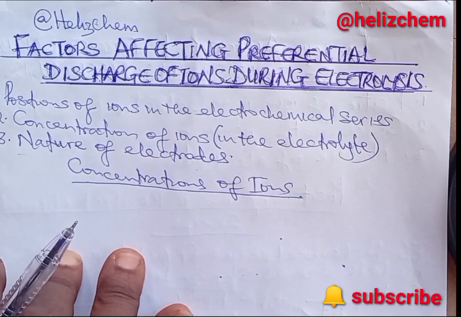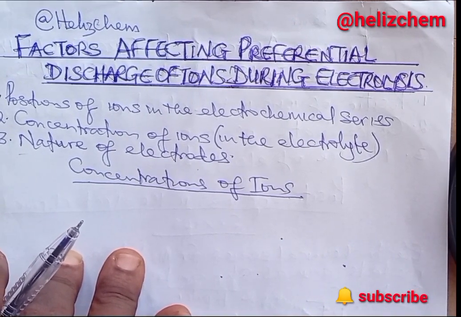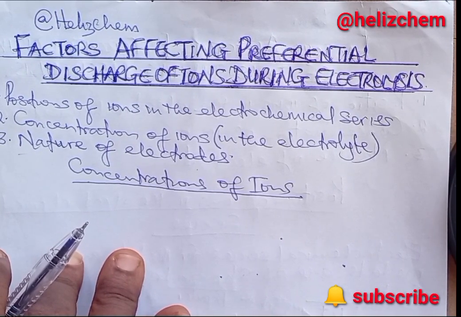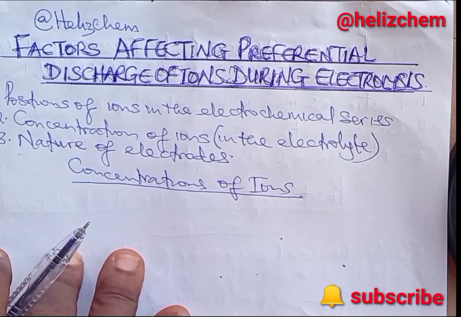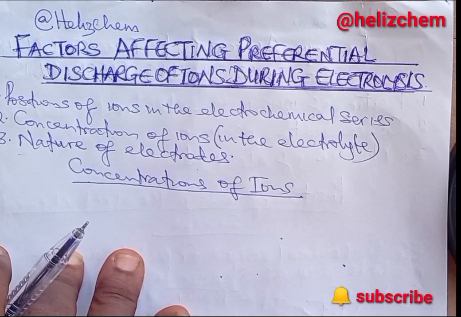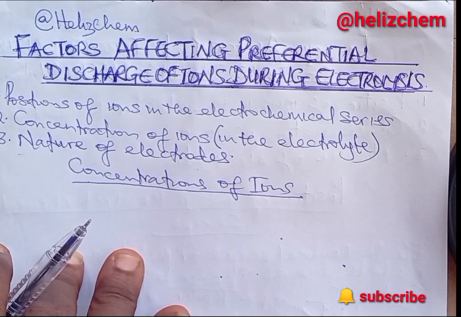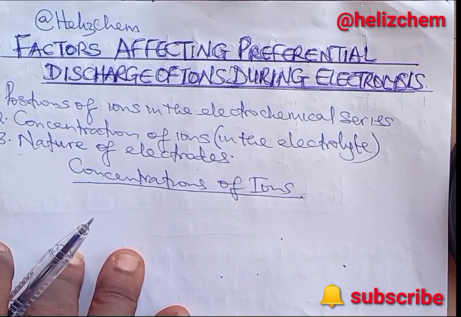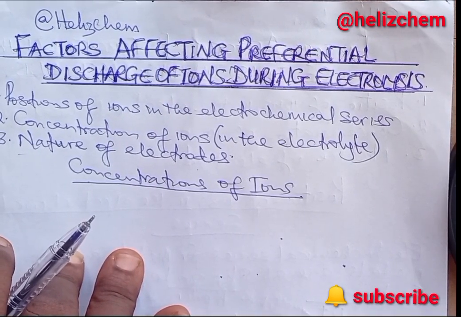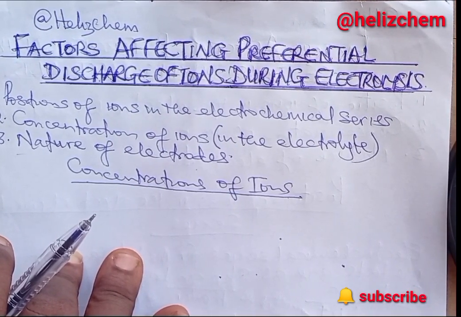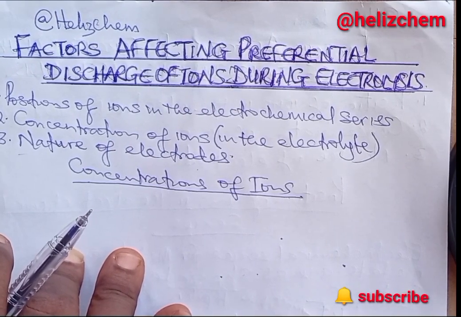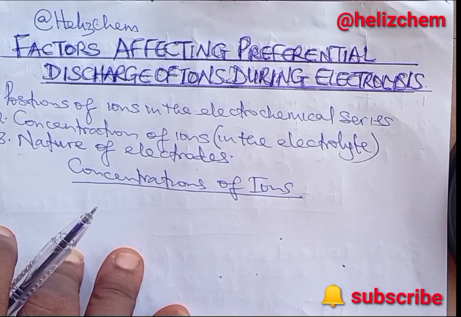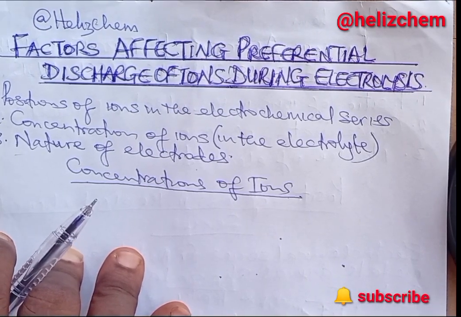Increase in concentration of a given ion tends to promote its discharge from solution. That is, when you increase the concentration of ions, then the ions have a tendency to be greatly discharged from solution during electrolysis.